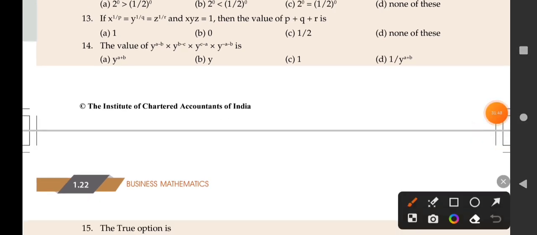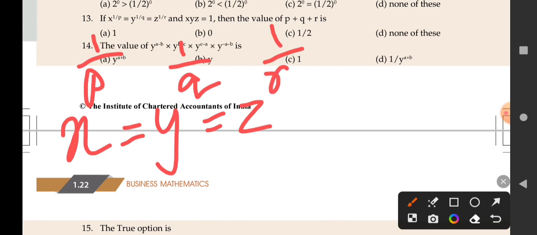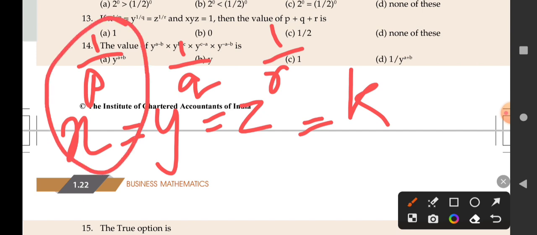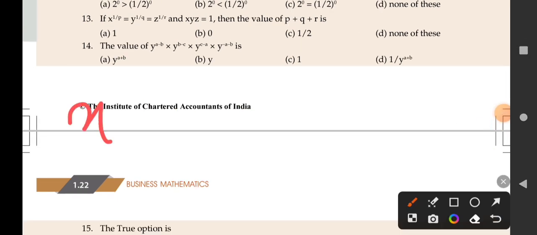Question number 13. If all the powers in the equations given are equal. This is important, please pay attention. Suppose x power 1 by p is equal to y power 1 by q is equal to z power 1 by r is equal to k. So let's simplify. x power 1 by p is equal to k.